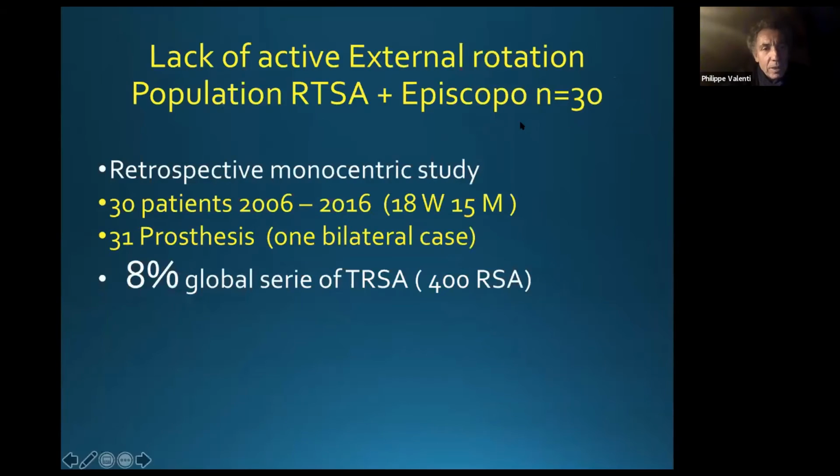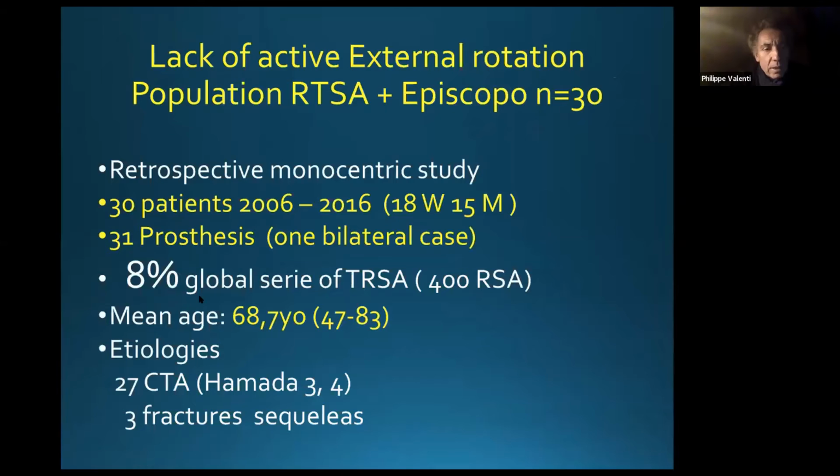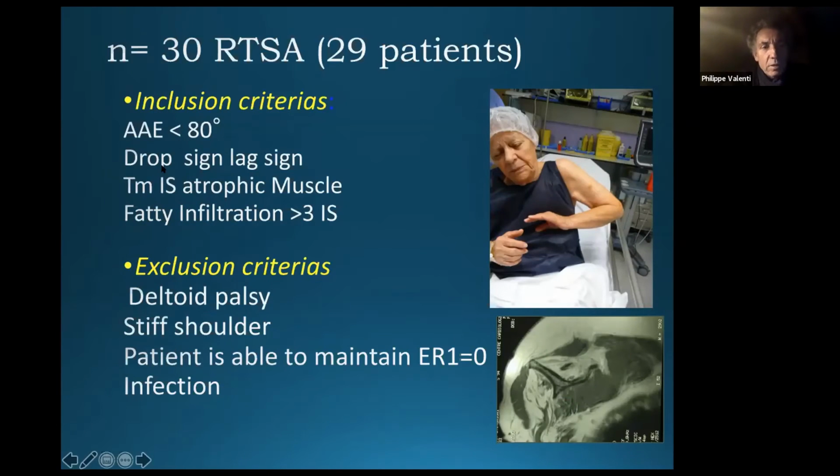So if you have no active external rotation, you have to combine with an L'Episcopo, and we did, and you see that the rate of L'Episcopo in the global series is 8%. It is not a lot. For us, the indication is drop sign, lag sign, and atrophy of the teres minor with fatty infiltration.